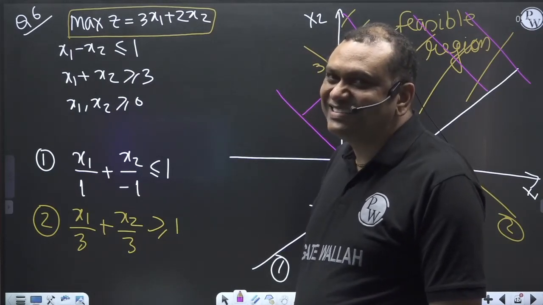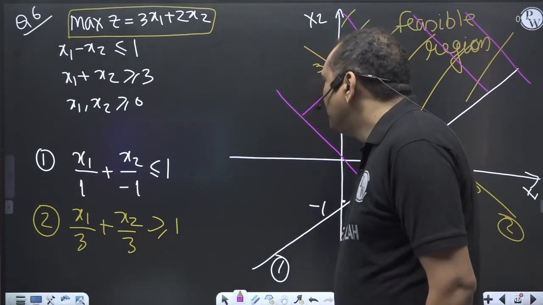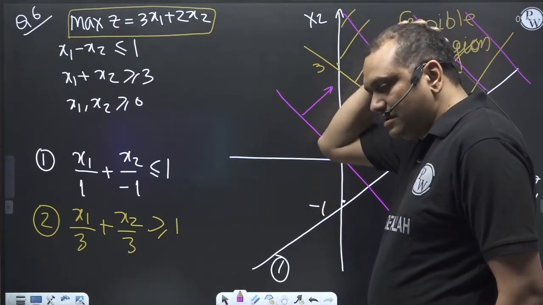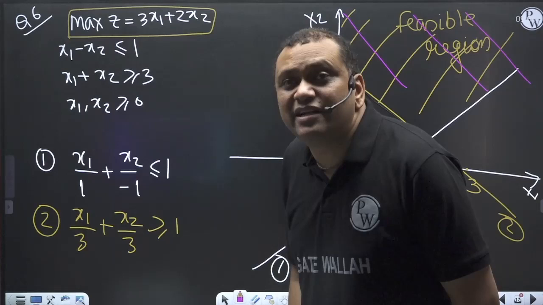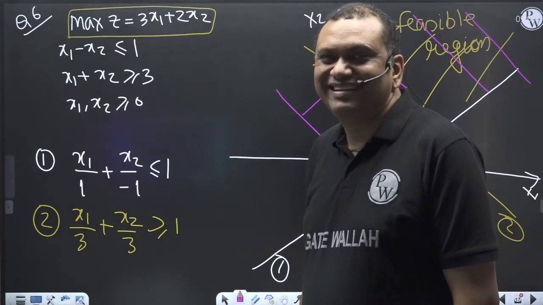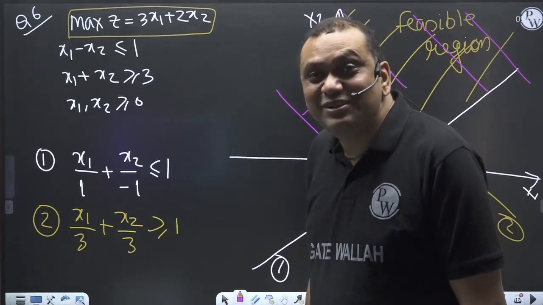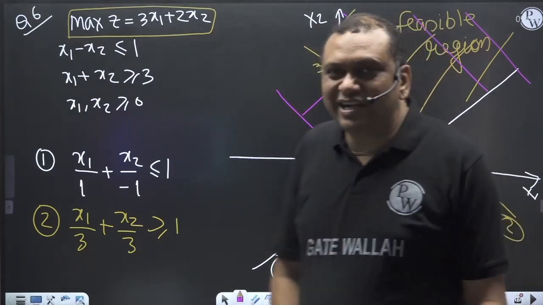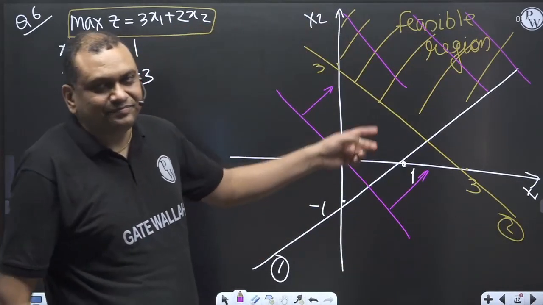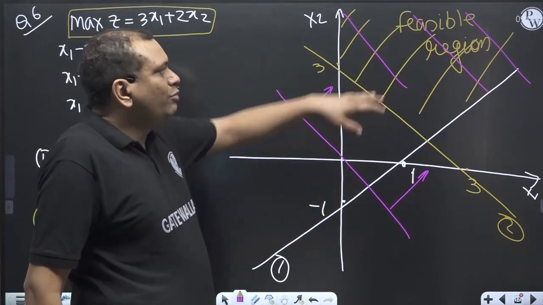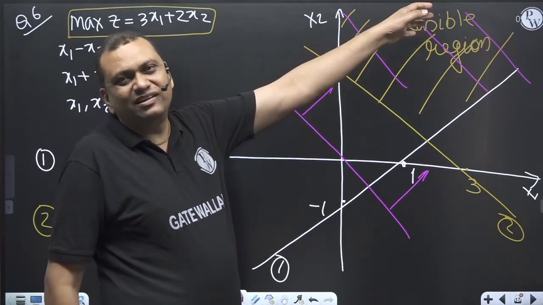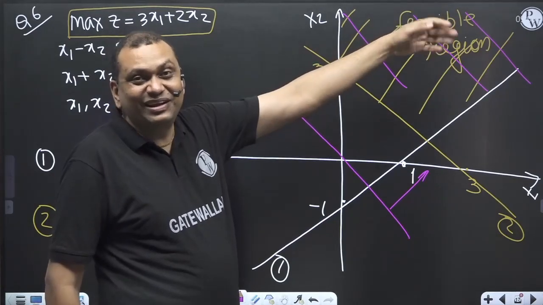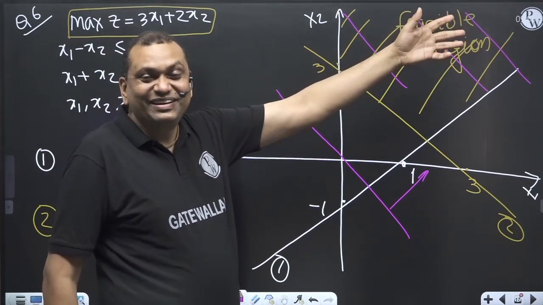But the issue is, my feasible region is extending to infinity. So the objective function line will touch the farthest point at infinity.